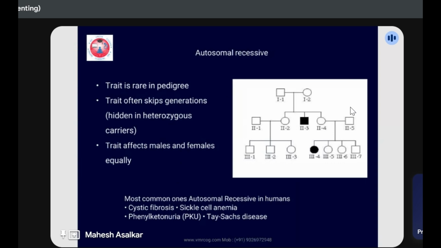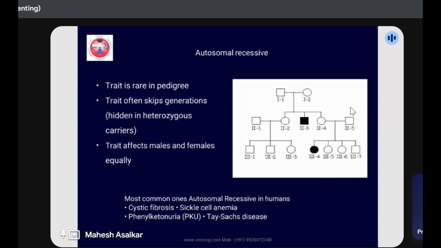Okay, they do not have the disease, but if you see the sibling in the second generation, which is dark here, the male has got the affection, and you see in the third generation, the female is affected. Okay, so both male and female are affected, and there is a skipping of the generation.